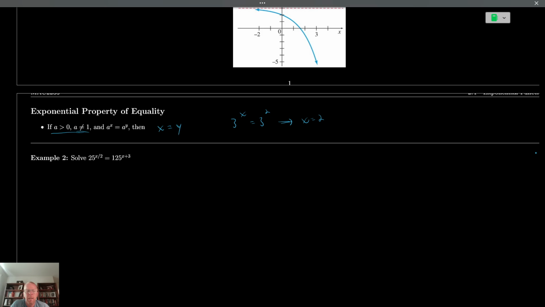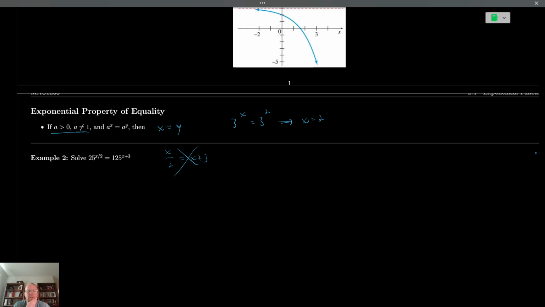Case in point, we have this one, 25 to the x over 2 equals 125 to the x plus 3. These do not have the same base, so we cannot say that x over 2 equals x plus 3. That doesn't work because these are not the same base. But could we write them as the same base?